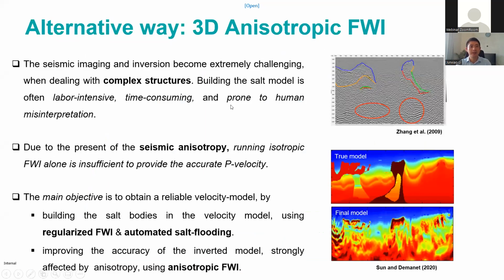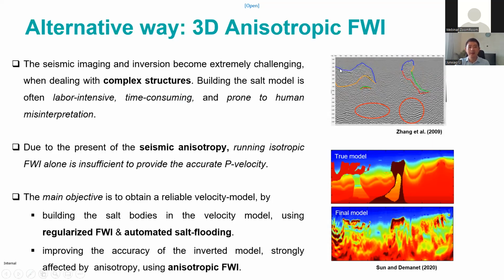In the current stage of seismic imaging and inversion, the challenging part is that we have to deal with a lot of complicated structures, such as the subsalt. Building the subsalt model in the conventional way is very labor intensive and time consuming, and also introduces a lot of human misinterpretation.